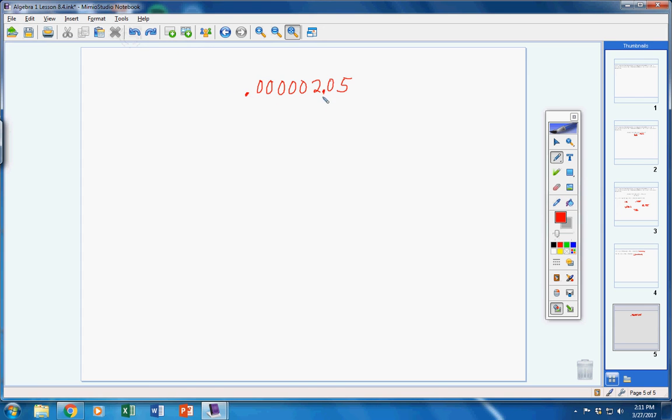I'm going to go from here to here. So I'm going to move it 1, 2, 3, 4, 5, 6. So I moved it 6 places. But remember, it's going to be a -6 because that came from the left. So my answer is simply 2.05 times 10 to the -6th power.